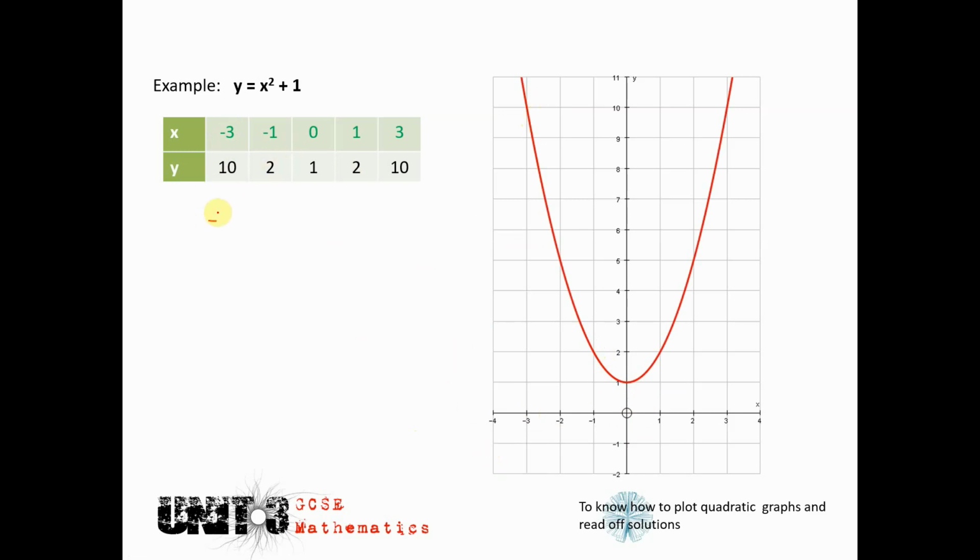So this would be minus 3, 10, this point here. This is minus 1, 2. That would be my coordinate here. This is 0, 1. 0, 1 is there. This would be the coordinate 1, 2, which is there, and the coordinate 3, 10, which is here.